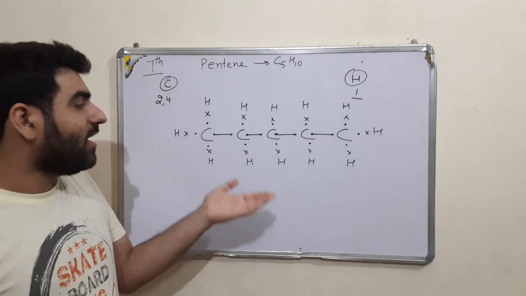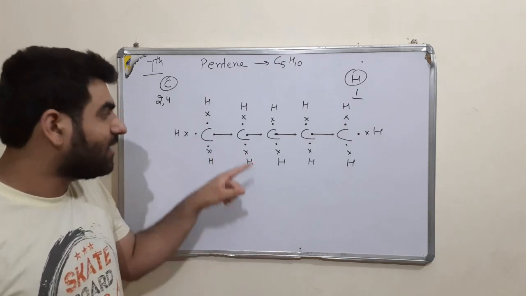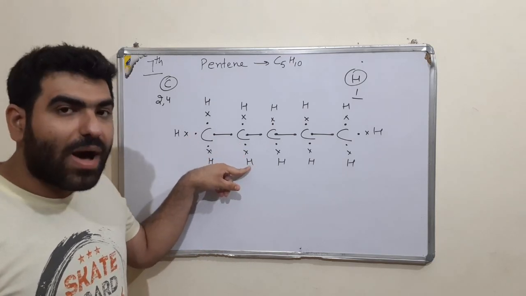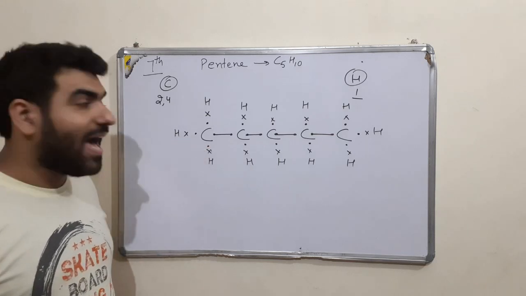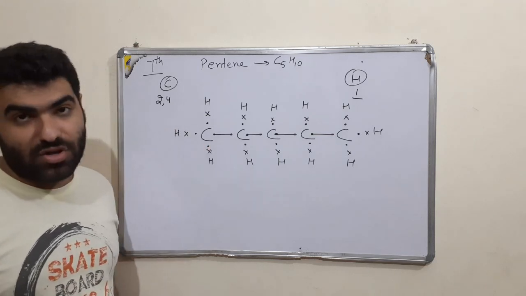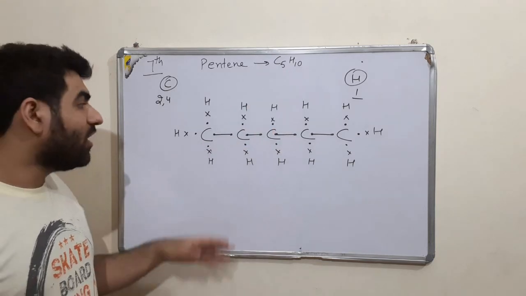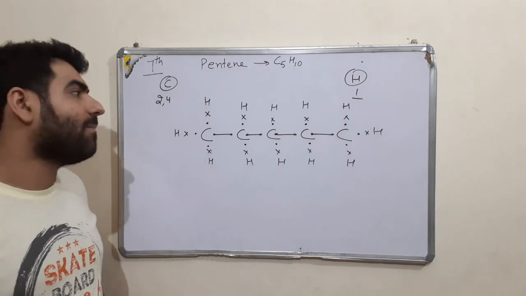Again, if we eliminate one more electron like this, we also don't require this hydrogen. So how can we solve this problem? We eliminate these electrons, 2 electrons, so that 2 hydrogens will not be present to satisfy the demand of carbon.